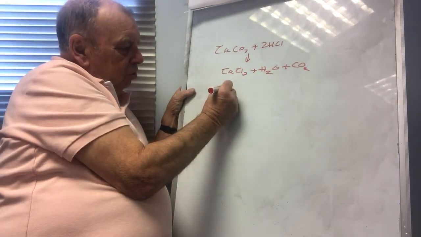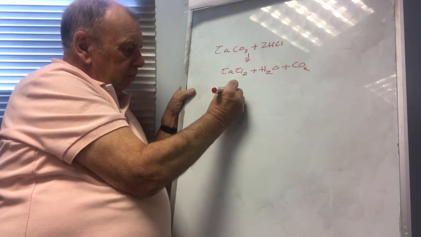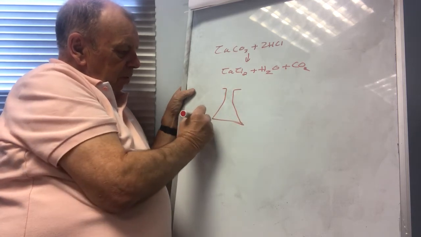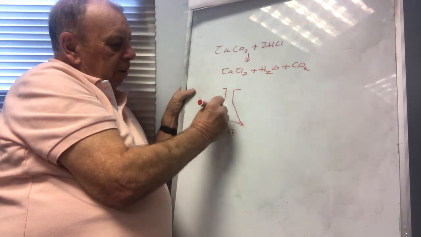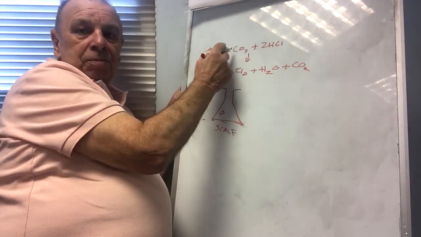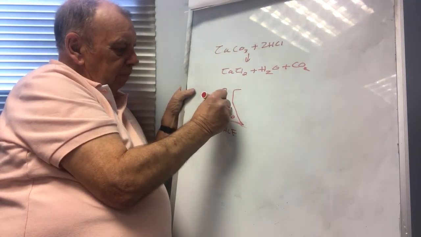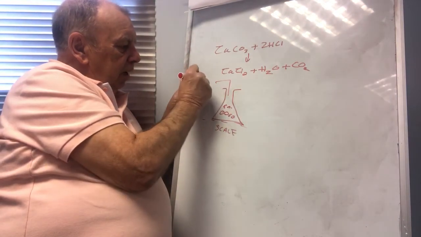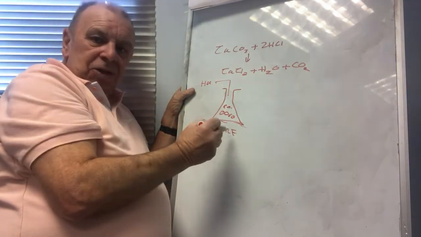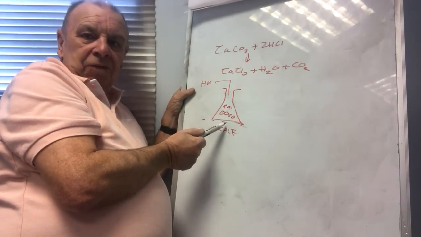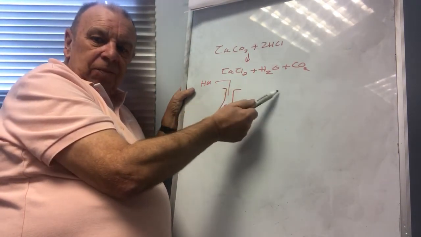So if I took something like a flask, like so, and I put it on a scale, I had my marble chips, chalk, it's the same thing, and I add hydrochloric acid to there, the gas comes off, and if I measured the weight of this, it's going to get less because the gas is coming off.